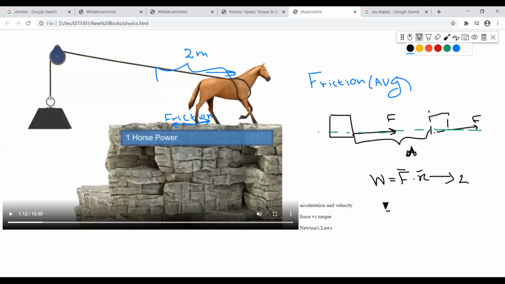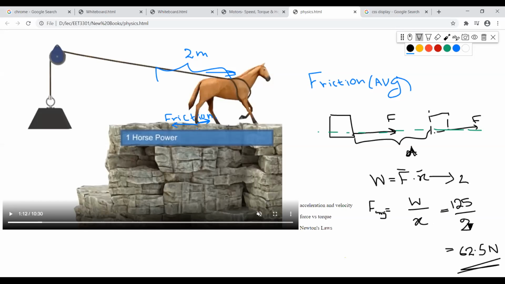So therefore, I assume the average friction force is work divided by x, which is 125 divided by 2, roughly 62.5 Newton, right?